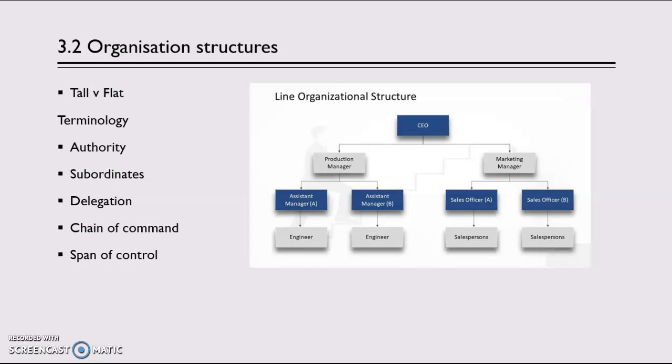And as I said, we're not quite sure what it says for salespersons here, but if we assume maybe that there's a sales team of 10, maybe then the sales officer's span of control would be 10. Okay, so remember to make sure that you've got a number in there, basically, if you're asked what is span of control. Okay, look at the diagram and quote the number as well as saying that they are the people they're in charge of.